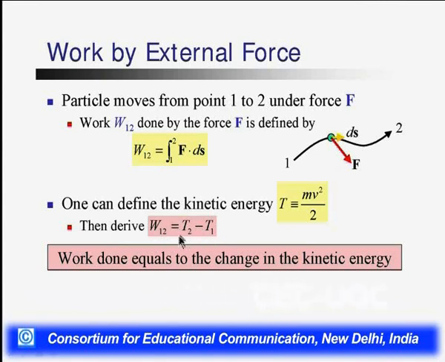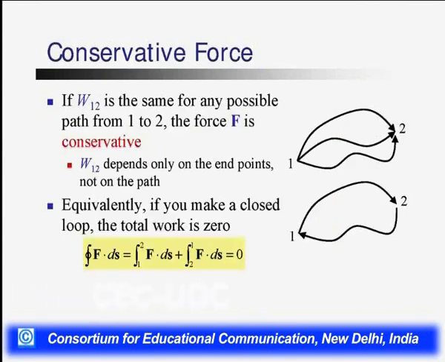Work done is equal to the change in the kinetic energy; the change in kinetic energy defines the work done. As the particle moves from 1 to 2, there will be a change in the kinetic energy, defined by W12 is equal to T2 minus T1, the kinetic energy for position 2 minus that for position 1.